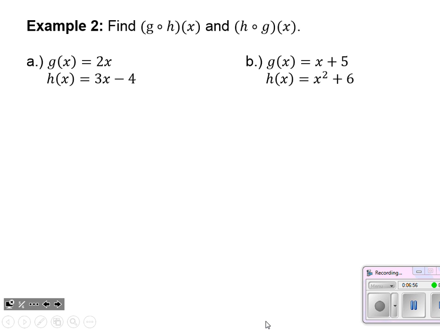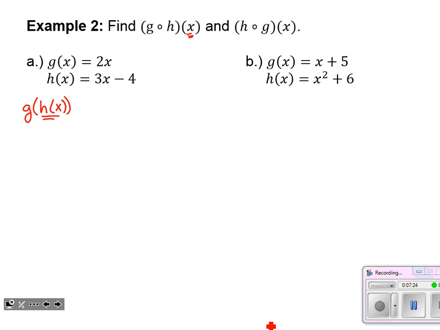You'll notice as well that I'm trying to find g of h of x. There's no number going in, so I'm going to end up with more than a number coming out. I'm going to end up with some expression with x in it. But x should be the only variable. I don't want to see any g's or h's at the very end, just something with x involved.